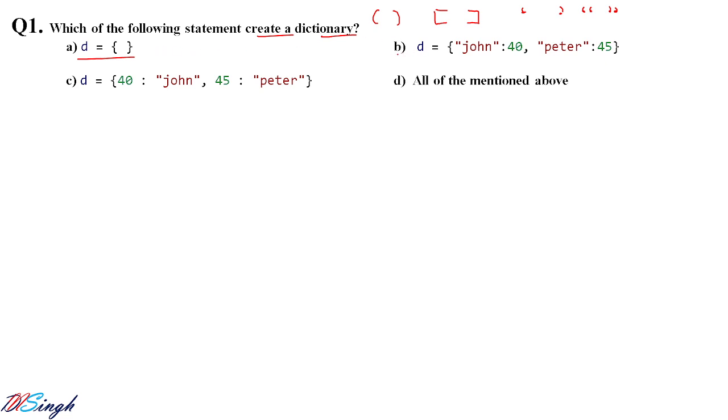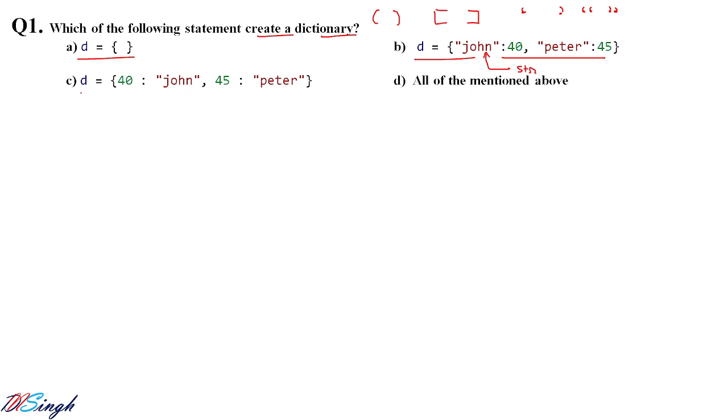Again, for option B, you have another way where you have 2 key value pairs inside the dictionary. A dictionary has key value pairs and they are comma separated. So this parameter is also satisfied. One more parameter for the dictionary is that the key must be of immutable type. This is of type string, that is immutable. So that is also okay.